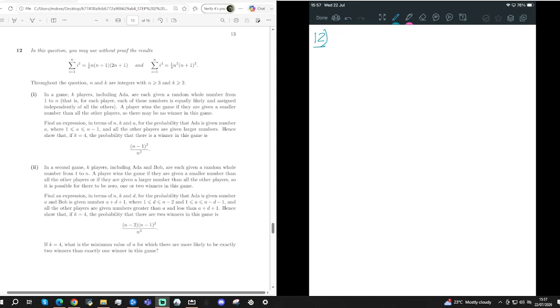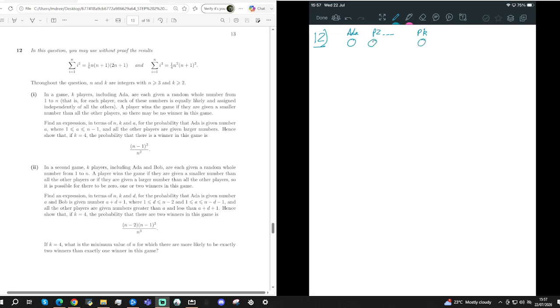So we have a situation where we have our players, Ada, player 2, all the way up to player k, and they've each been given a secret number.